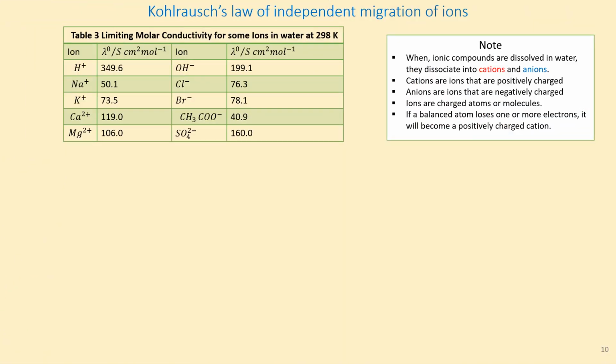Kohlrausch's law of independent migration of ions. Kohlrausch examined lambda naught m values for a number of strong electrolytes and observed certain regularities. He noted that the difference in lambda m naught of the electrolytes NaX and KX for any X is nearly constant.